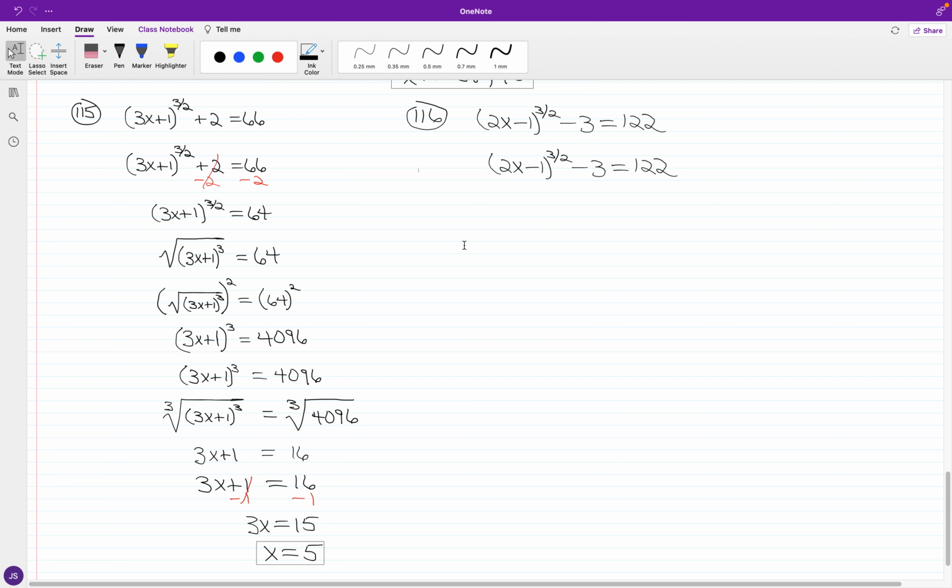So we have our variable expression to be an exponential base, again, taken to the 3 halves power.